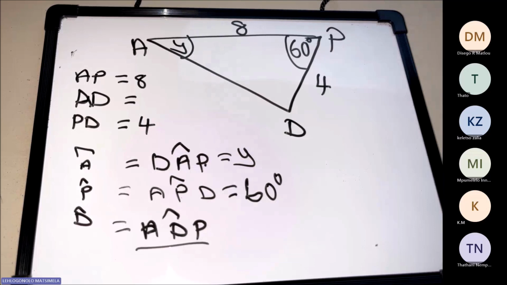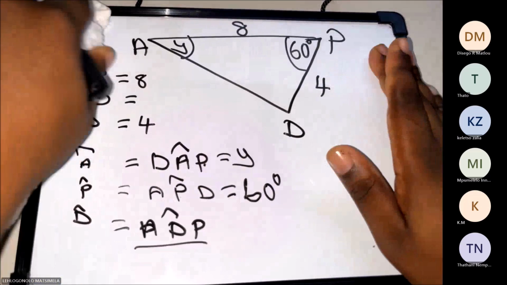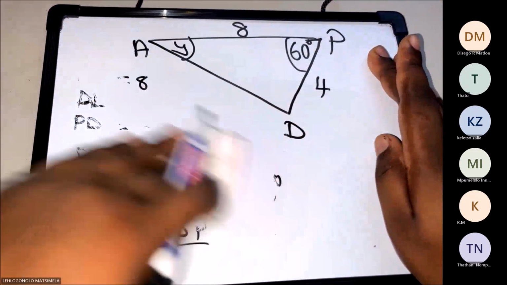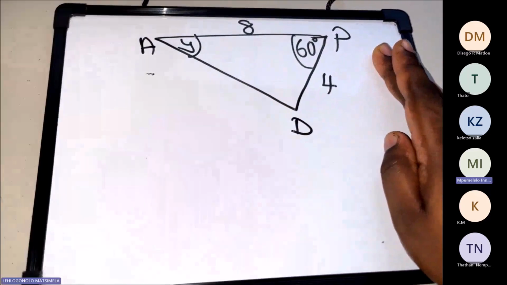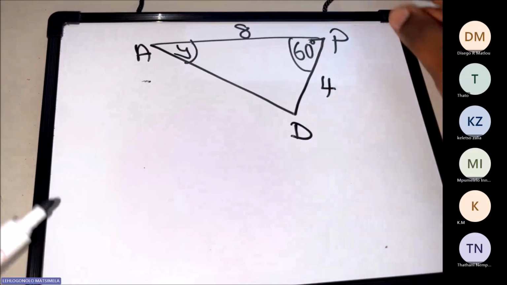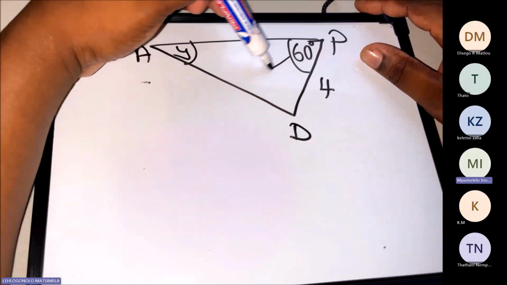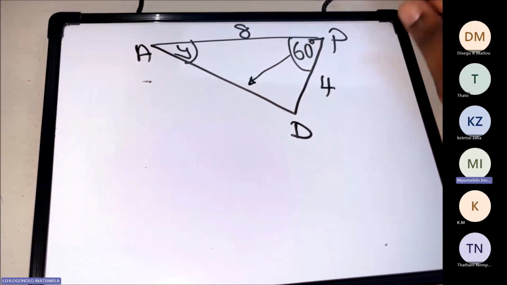Now, if we are to look for the sine rule of this triangle, let's position the angles and also give the reference to their sides. This side, I'll draw a big line pointing an arrow.